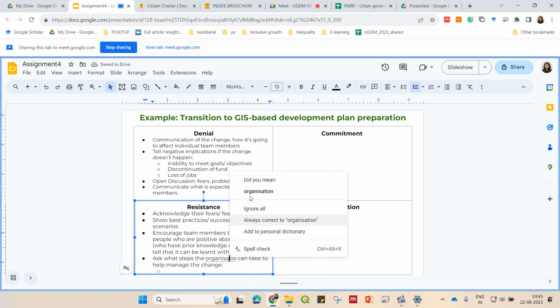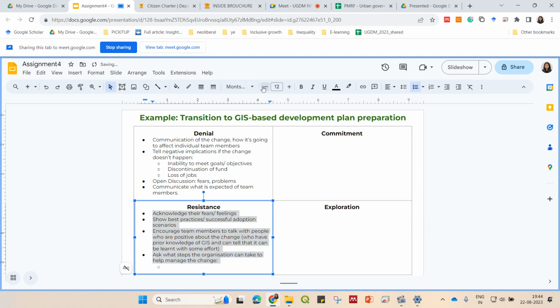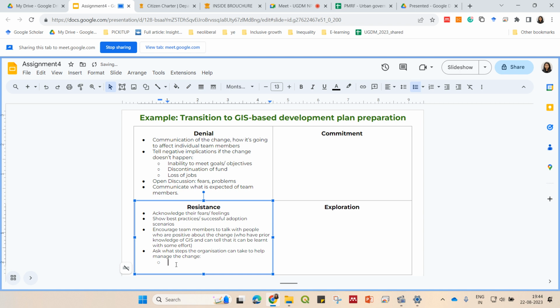Imagine that you are a team member of this team who is having to undergo this change. What are some key points of discussion which you can have with the team members, or steps that the organization can take to manage the change better?